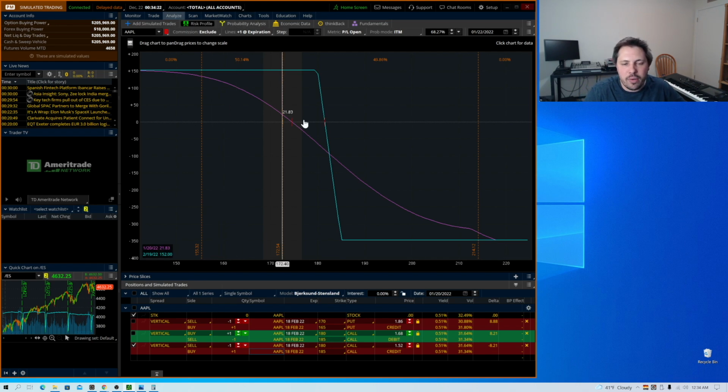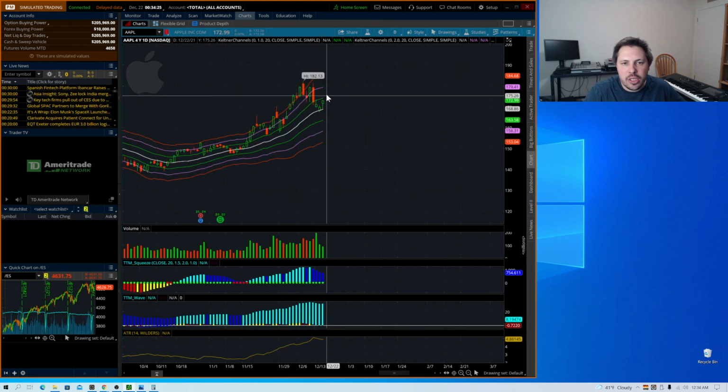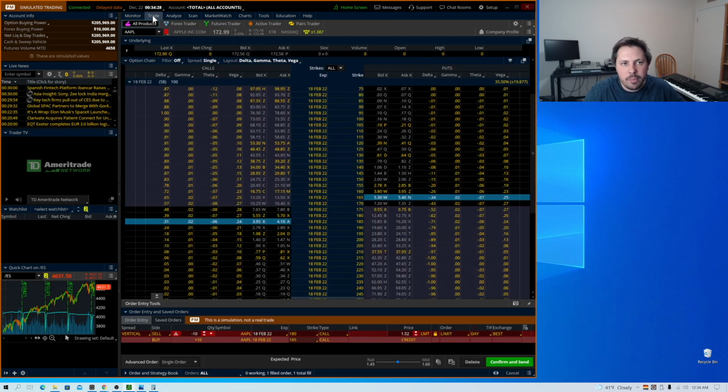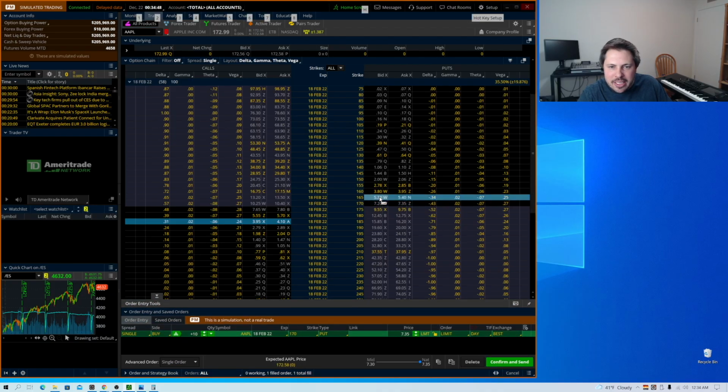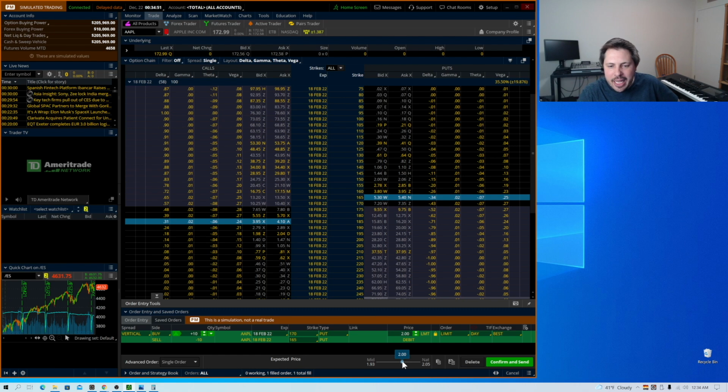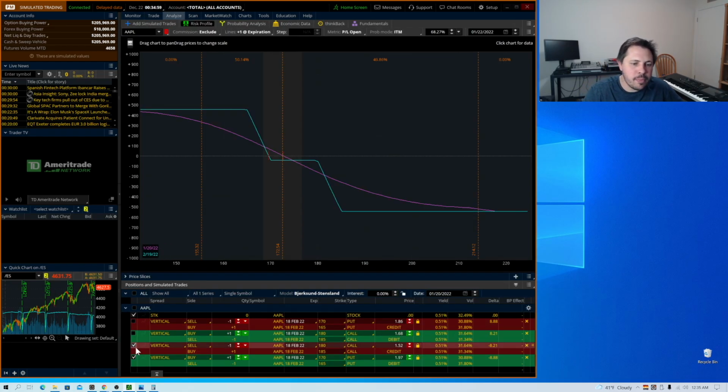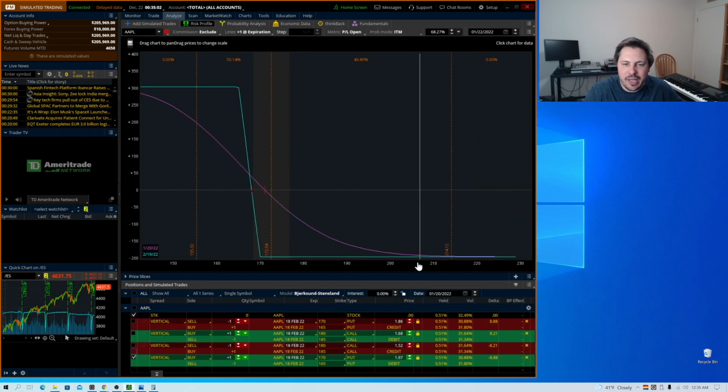Now the other part of this trade is similarly, if we think Apple's going to go down, but for whatever reason we didn't want to use a call credit spread, we could use a put debit spread, which looks the same except it's a debit. If we thought Apple was going to go down, we could buy the 170 and sell the 165, and again this would give us a trade that looks very similar.